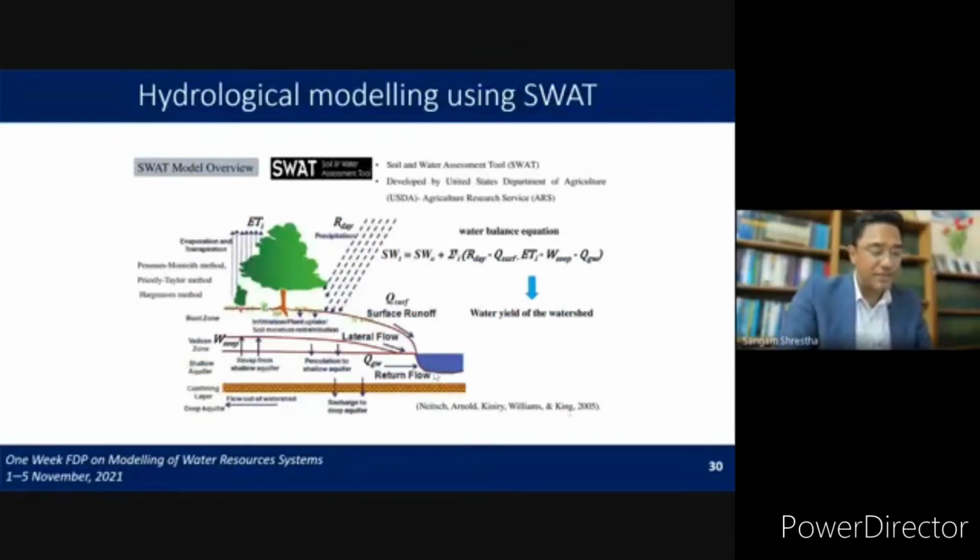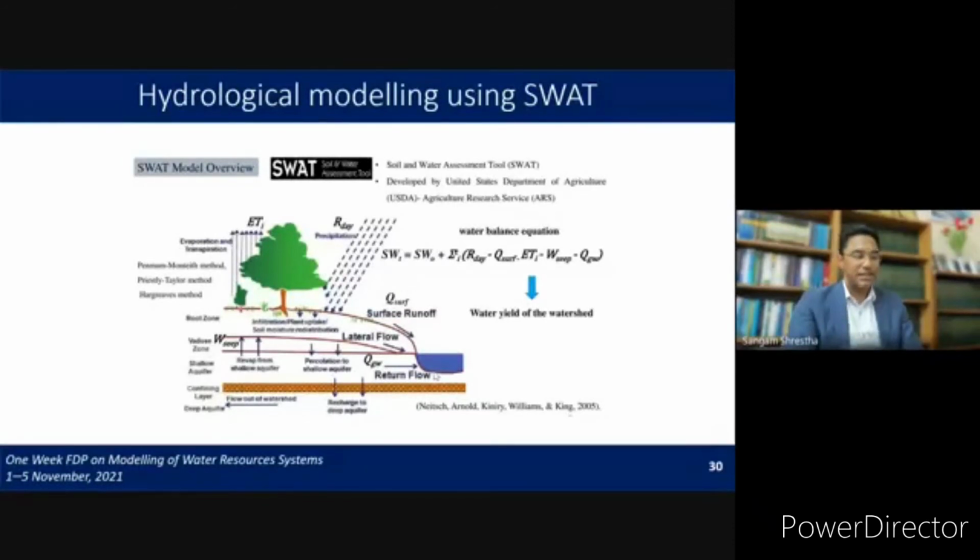Okay, so as I mentioned, in this case study, we used the SWAT model to simulate how climate change impacts the hydrology and water resources. I will not explain in detail here because I see that there is a separate session for the SWAT model. So basically, the SWAT model is a continuous, physically based, semi-distributed hydrological model.